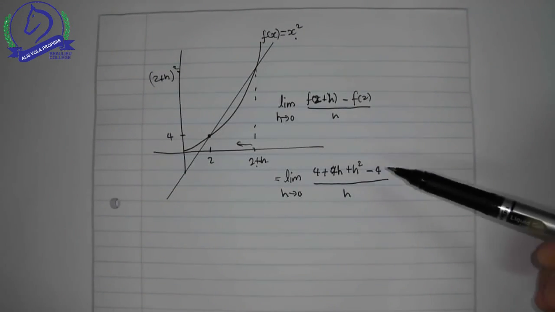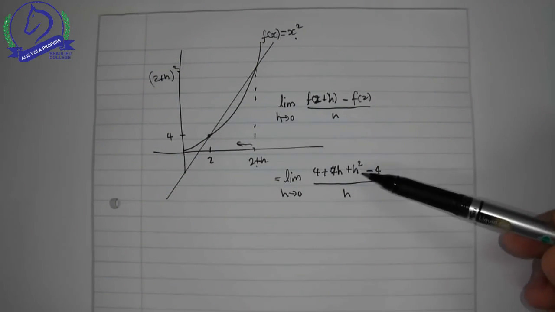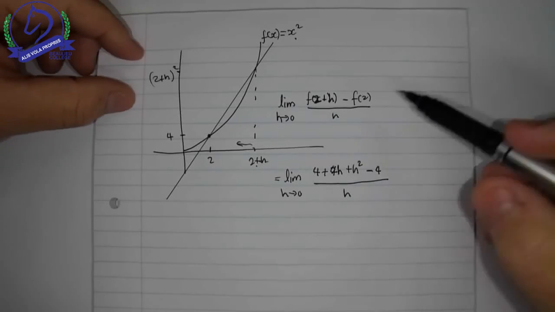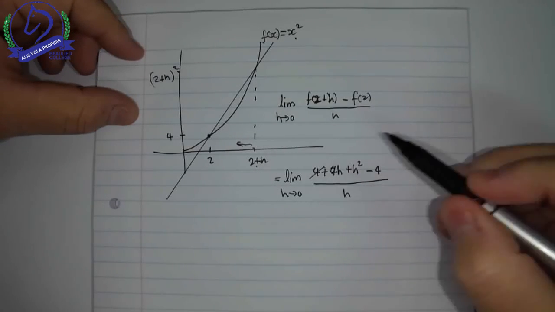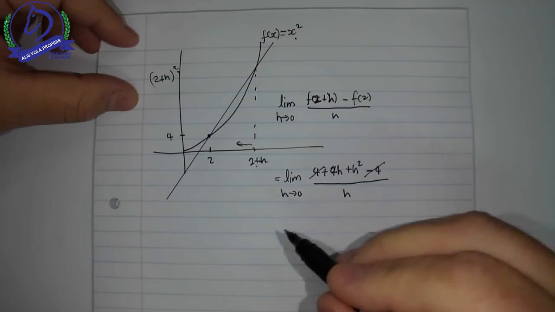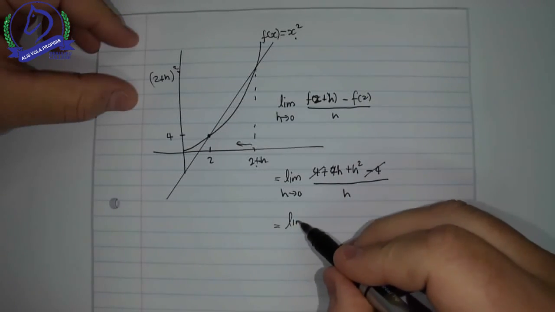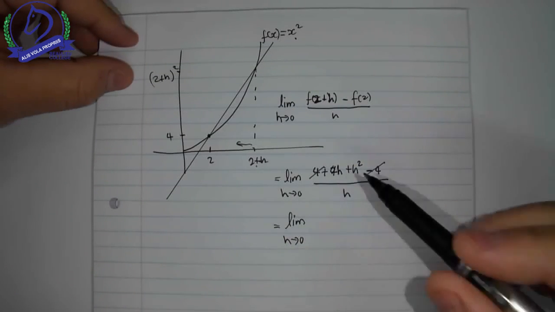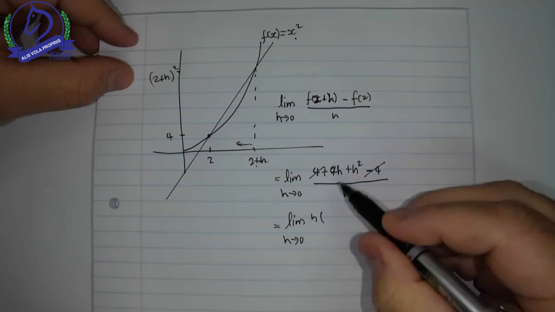And again, this is one of those limits that if I was to substitute h by 0 here, I will end up with a 0 over 0, which again, as we said before, is meaningless. So therefore, I need to do something. What is that something? Well, let's see what happens here. I can simplify the 4 minus 4 because 4 minus 4 is 0. And with the expression that I've got in the numerator, remember, I haven't calculated a limit, so I need to keep it, I could take out an h common factor.